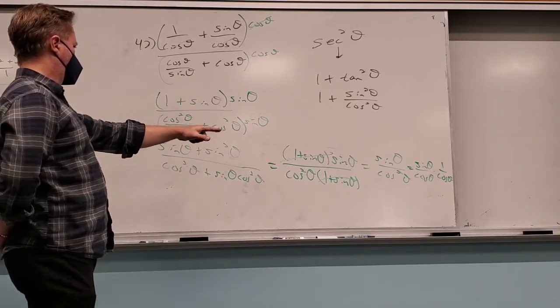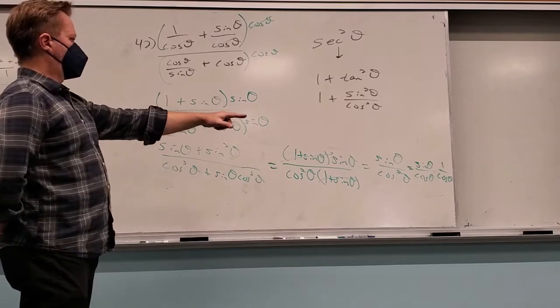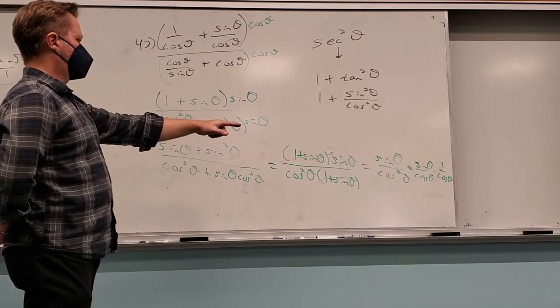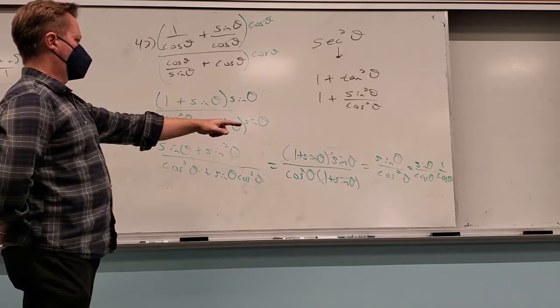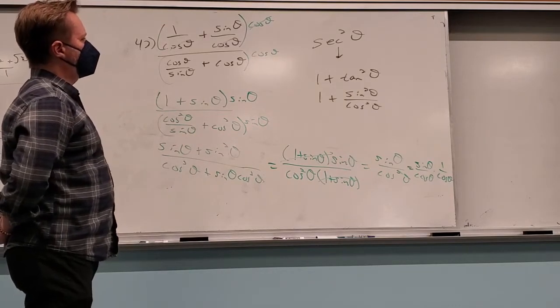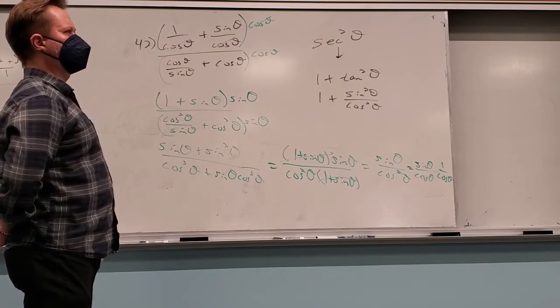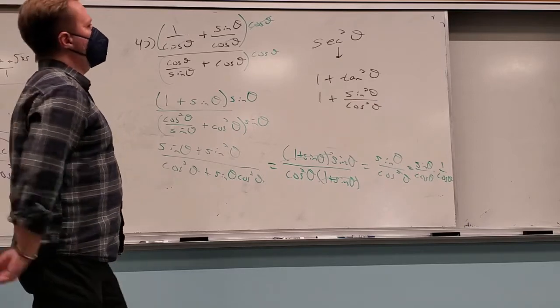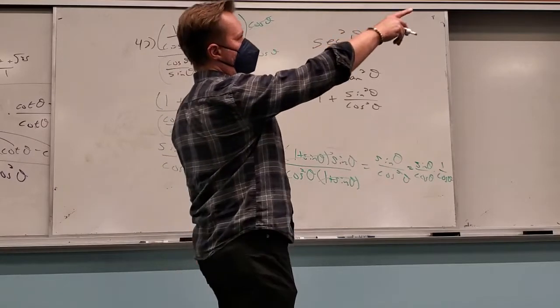Sine back out. Those cancel. That becomes that. Tangent theta times secant theta. It's not secant squared. I wonder if that's a typo. Because the question asks true or false. Okay, if it's false, find an appropriate fill.